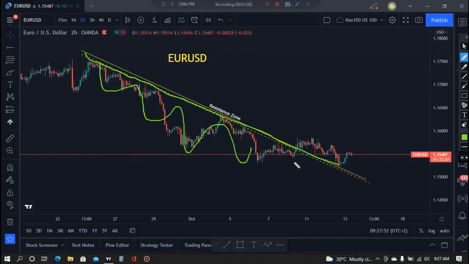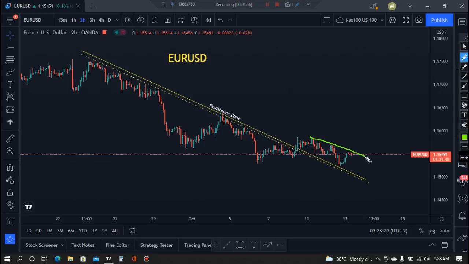Around this area, we have a breakout, something like a retest, another push up, but when you check the structure, it's actually moving bearish, but above our resistance.